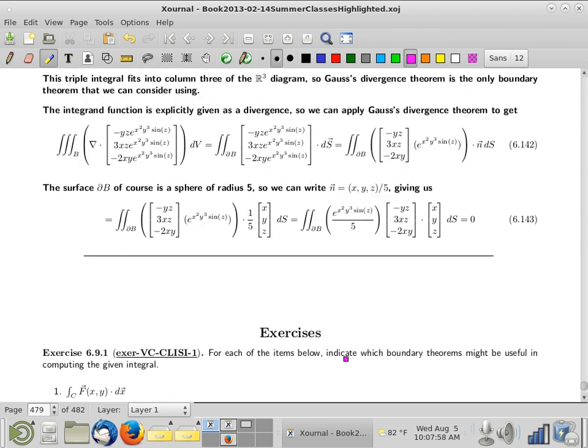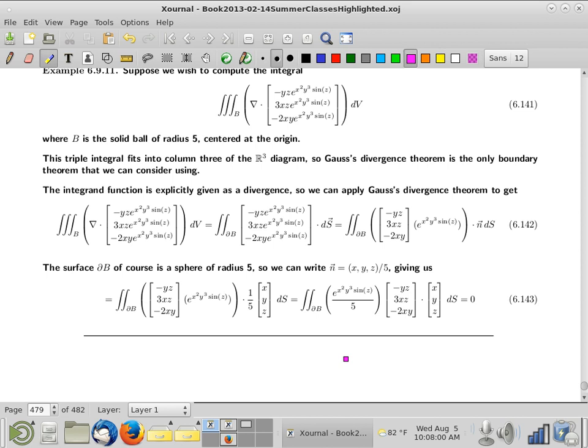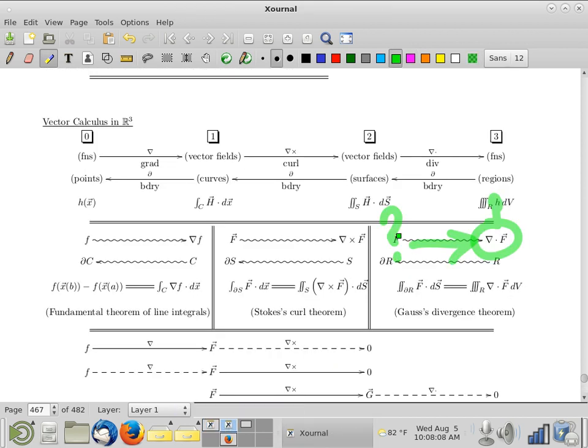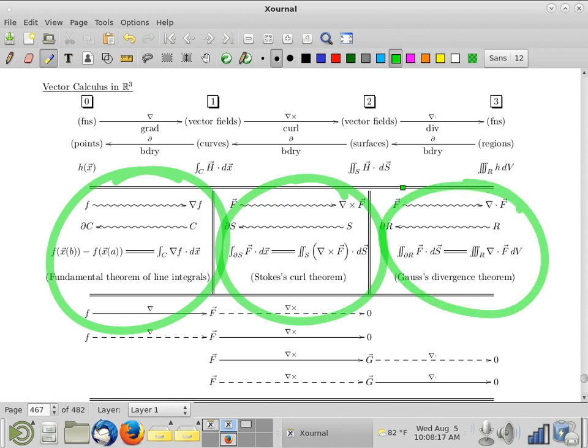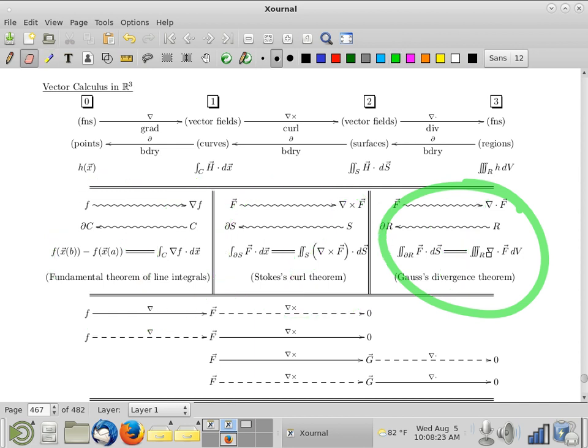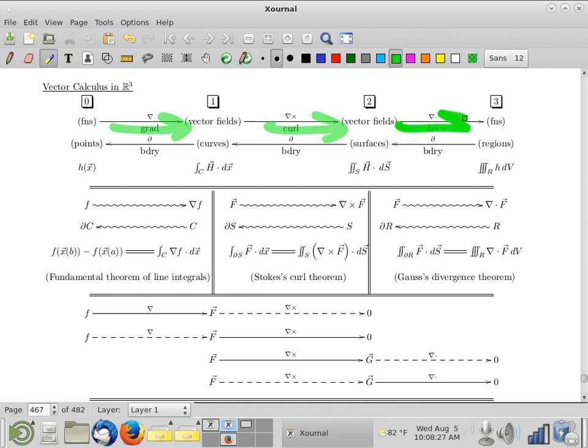You all have a lot to digest on Chapter 6, by the way, if you haven't already noticed. So give it plenty of time, work a lot of practice problems. Through all of those problems that you work, I hope you will take big advantage of these diagrams. I think these are very useful. Notice that they organize the boundary theorems. They show the analogies between the boundary theorems. They organize the operators.